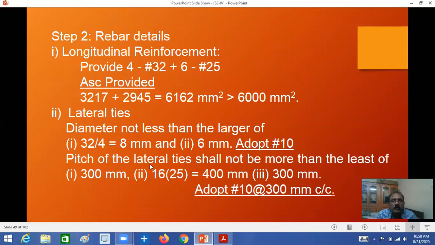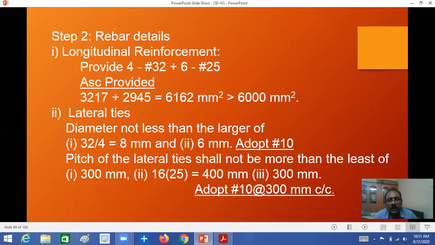So the longitudinal bars provided here should be more than 6000. So provide 4 bars of 32 and 6 bars of 25. For 4 bars of 32 mm, you can calculate in the calculator: 32 into 32 by 4 into 22 by 7.